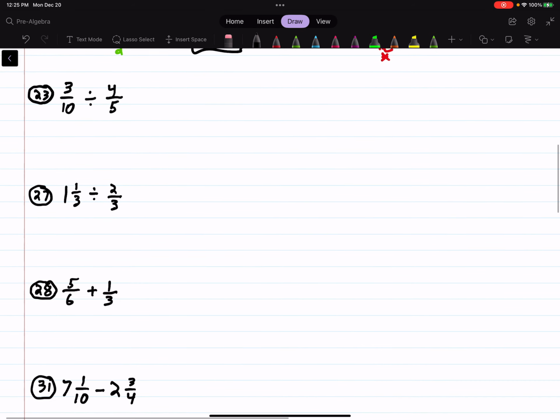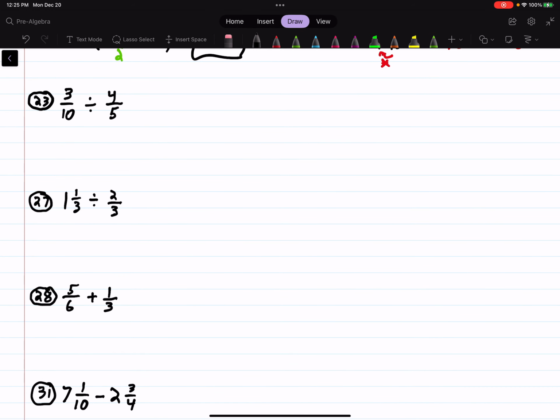Now we're doing a division of 2 fractions. If you remember, whenever we have a division of 2 fractions, we're going to change it to multiplication and reciprocal the second number. So let's do that. Let's change it to multiplication. The first number just gets written as is. We change to multiplication, and we invert or reciprocal the second number.